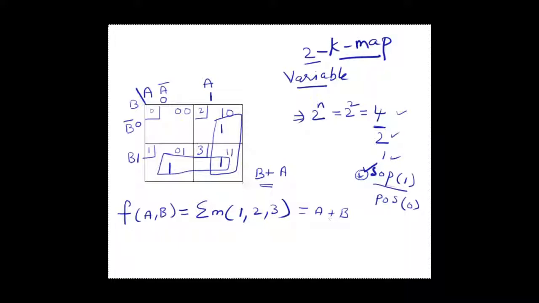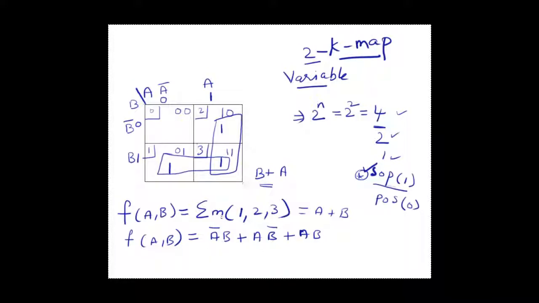So the same question can also be asked in this format. Instead of giving those min terms, they'll give you the expression. 1 means this: A bar B, plus 2 means 1 and 0, A B bar, plus A B. So if they ask in this way, just check A bar B and place a 1 there.